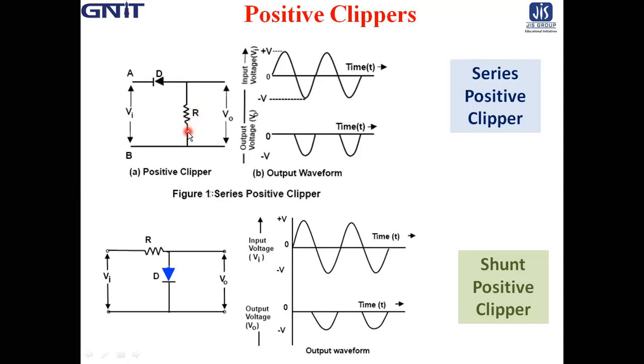Now, during the negative half cycle, the polarities of A and B are reversed, making the diode forward biased and shorted.